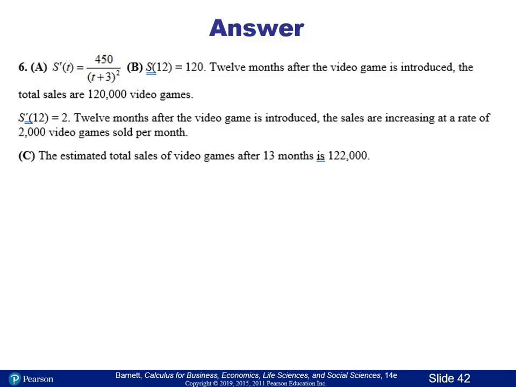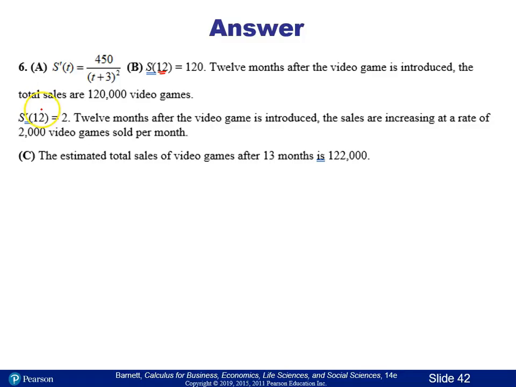Just so you can see the written out version of it, as far as the interpretation, because we're plugging 12 in for the t, that is going to be the total sales after 12 months. So 12 months after the video game is introduced, the total sales are 120, and our units was 1,000, so 120,000 video games. When we plug the 12 into the derivative and get 2, the derivative tells me the rate of change, how fast the sales are changing.